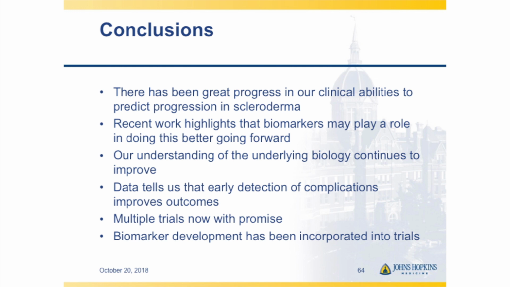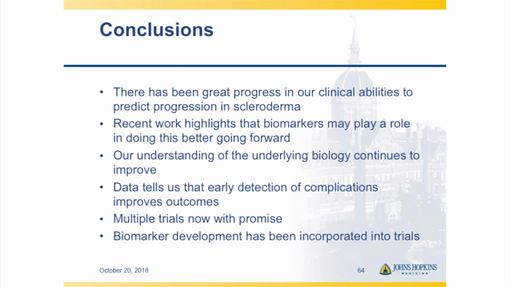So I'd like to finish by saying that I think the progress has really been incredible in the past few years, both in our clinical abilities to predict progression in scleroderma and development of biomarkers. And we think that even though not one of them is perfect yet, they're really going to play a role in us doing better going forward and help us understand the underlying biology and help us understand who's going to progress and in early detection.